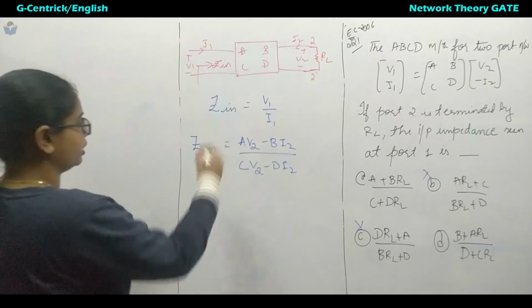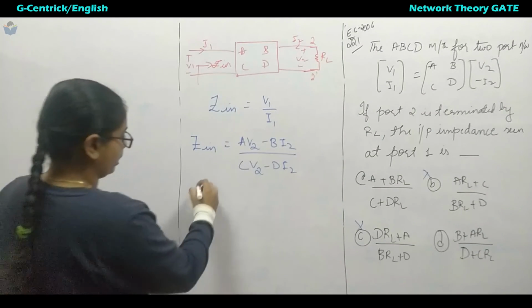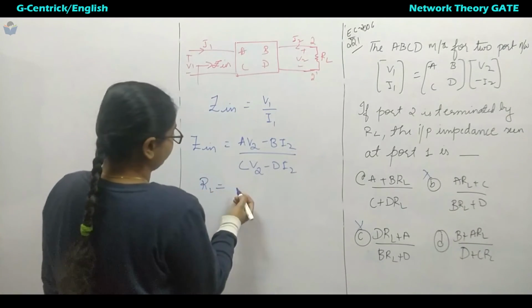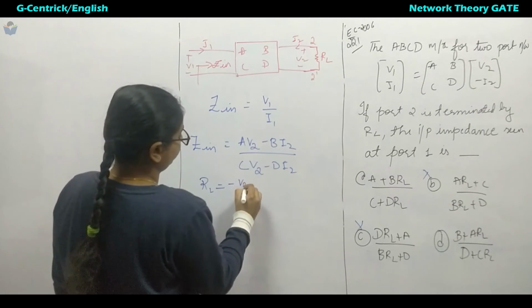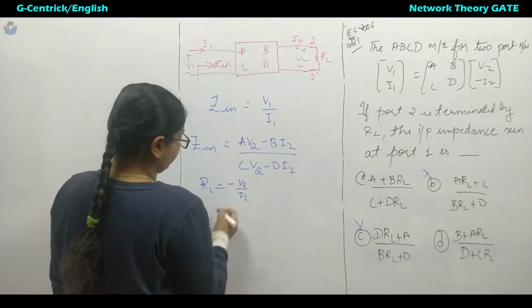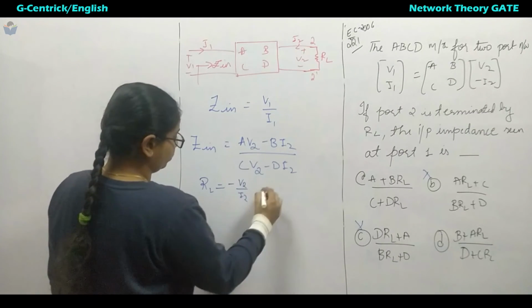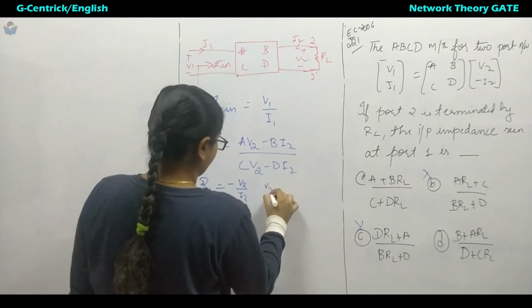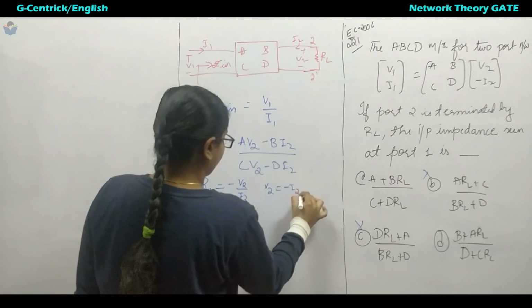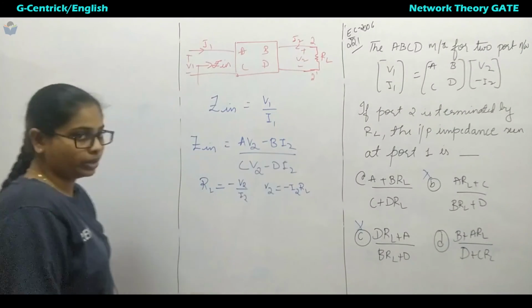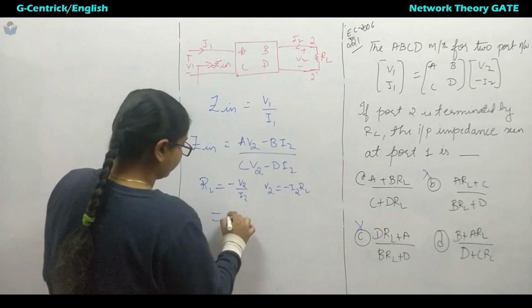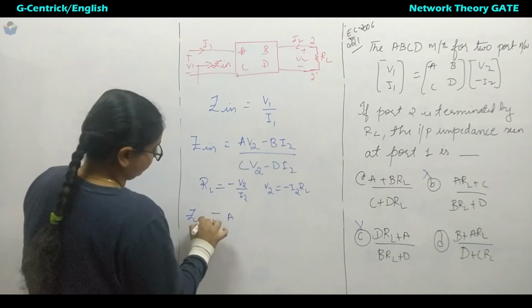Okay, so we want it in terms of RL. Now you can see that the RL equation can be written as nothing but V by I. Okay, so here it is minus V2 upon I2. So now I can put this V2 here. V2 is nothing but minus I2 times RL. So we'll get it in terms of only one parameter. Okay, I'll replace this in Z in.